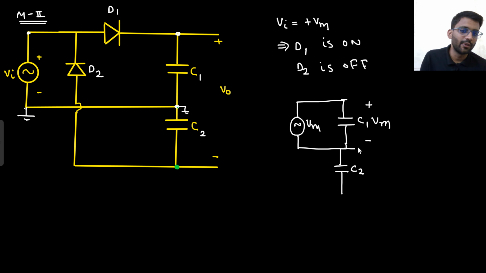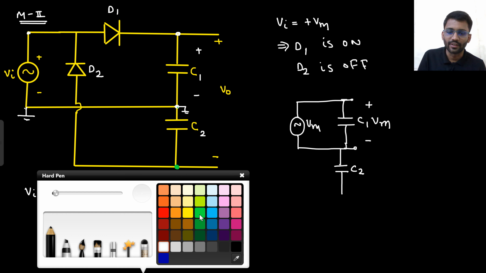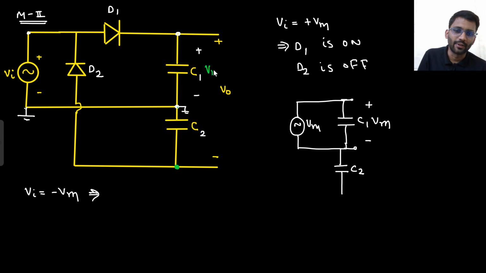Now this is the steady state value of capacitor C1 voltage. Now we need to think about D2. So when Vin is equal to minus Vm, what will happen? Here capacitor C1 is having Vm voltage. This is grounded and this is having Vm voltage.